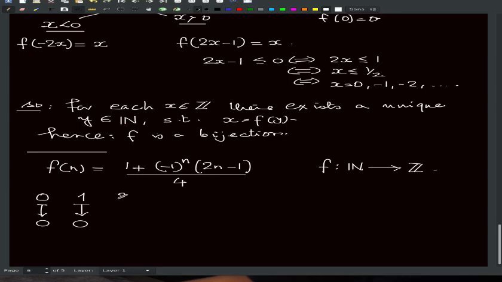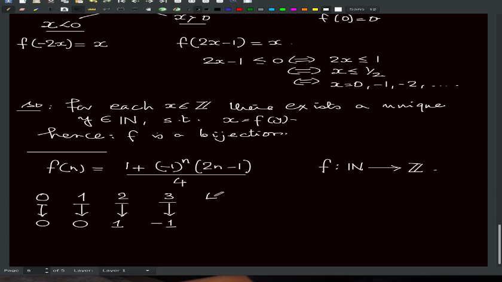Let's see what it is doing with 2. This is 4 minus 1, this is 3. 1 plus 3 is 4. So this is going to 1. With 3, this is 5. 1 minus 5 is minus 4. So this is going to minus 1.